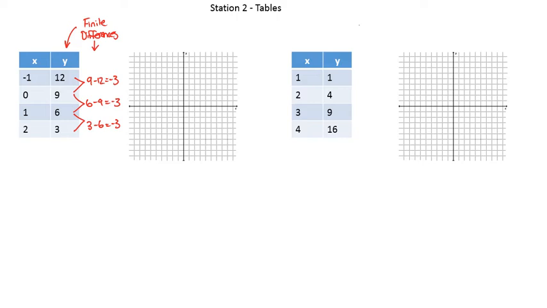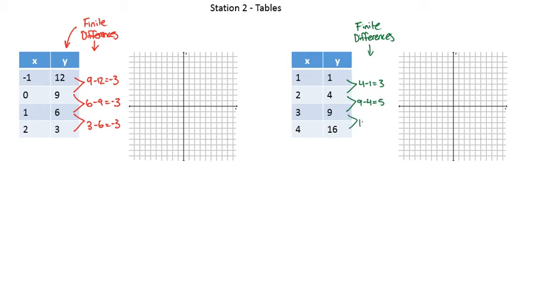Now, if we apply this to the next table, and these tables are not the same as your examples, they're just random examples, and I'm hoping you'll be able to apply what you see here to your tables. If we look at the finite differences here, we get 4 minus 1, which is 3. Then we get 9 minus 4, which is 5.